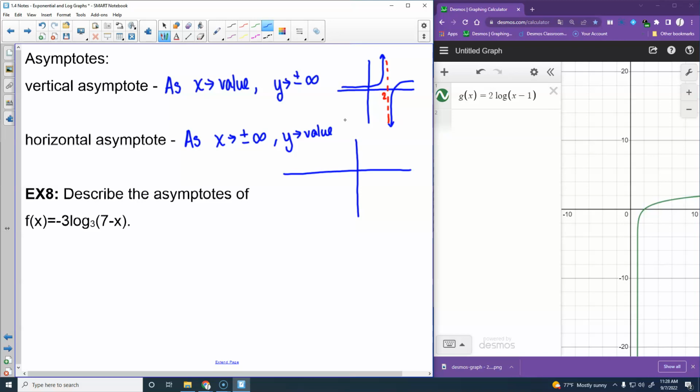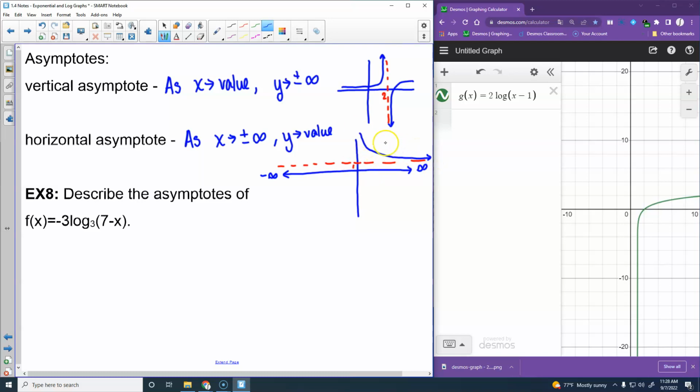So what that means, if I'm talking about where x equals infinity, that's way out here, right? And x equals negative infinity, way out here. So if I have a horizontal asymptote, say that it is at 1 right here, as my graph goes out towards infinity over here, I get closer and closer to whatever value that horizontal asymptote is.